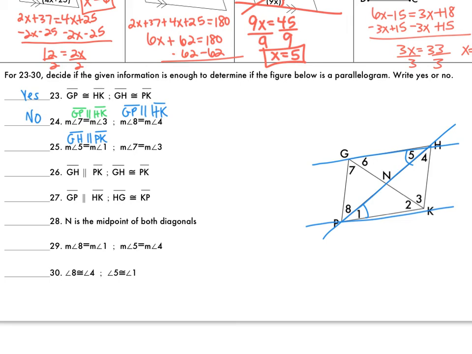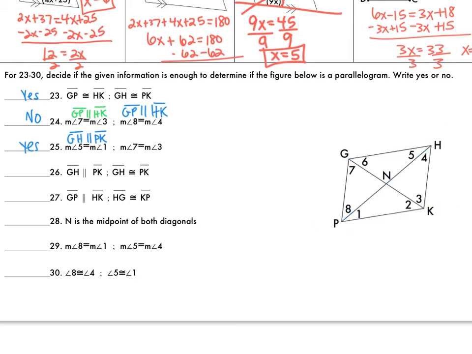All right, and now the 7 and 3, I can see from the last one, it's not going to change. If I know that the measure of angle 7 and 3 are congruent, equal, then that tells me GP and HK are parallel. So I know opposite sides are parallel. Therefore, yes, this is enough information to know that it's a parallelogram.